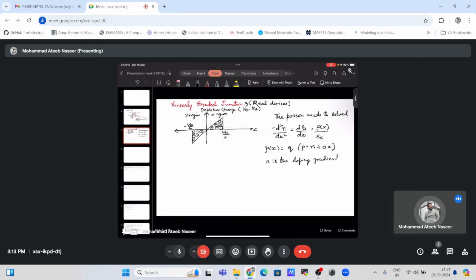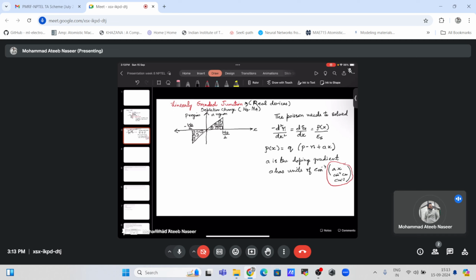and its units: a has units of centimeter minus 4, because a times x is centimeter minus 4 into centimeter, so it will be centimeter minus 3. Okay, so the units of this whole quantity ax will be per centimeter cube. That's what we need to have. So the units of this a will simply be centimeter to the power of minus 4.